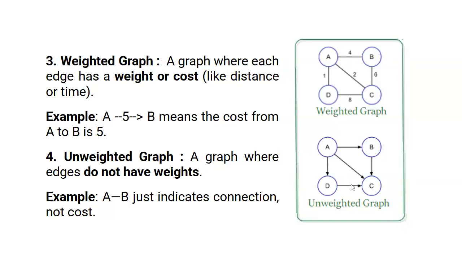And in the unweighted graph, there is a path but it is a directed path, which is known as unweighted but directed graph. There is no weight, even though directed or undirected, there is no cost or weight, that is known as unweighted graph.